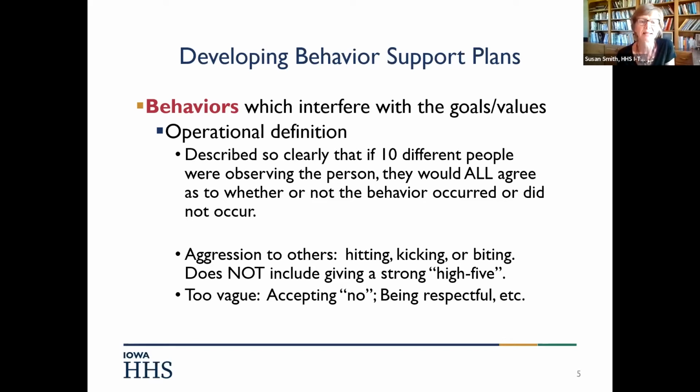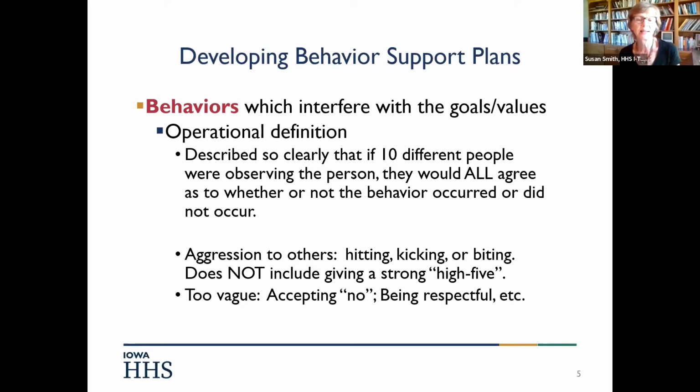And what that means is it is so clear that if 10 different people had read the definition and they were making an observation of the person, they would all agree whether or not it happened. Some examples would be, for aggression to other people, you might define it as hitting, kicking, or biting.